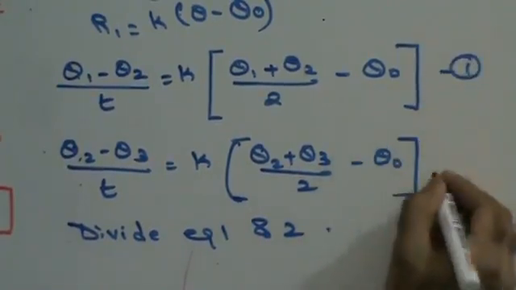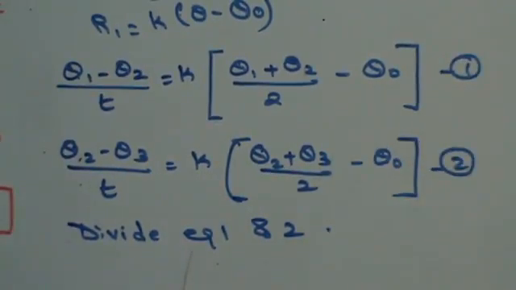This is your equation 1, this is your equation 2. If I divide the two equations, I'll get the value of theta 0. Now they've also asked what will be its temperature in the next 5 minutes, right?